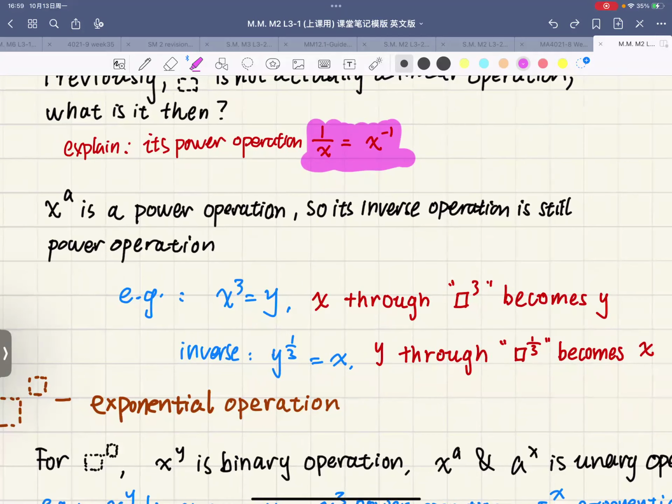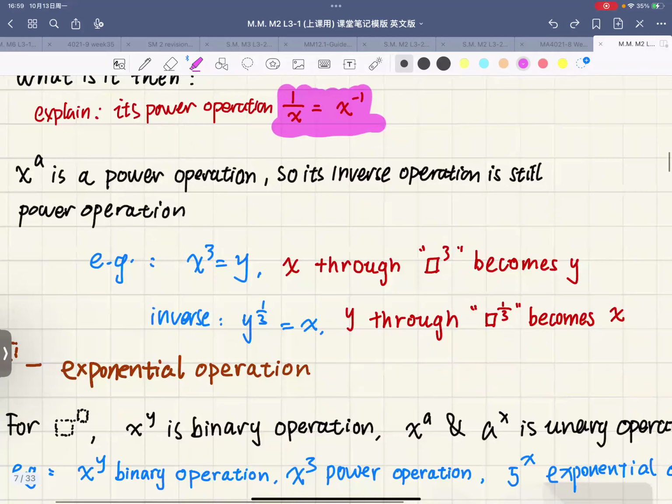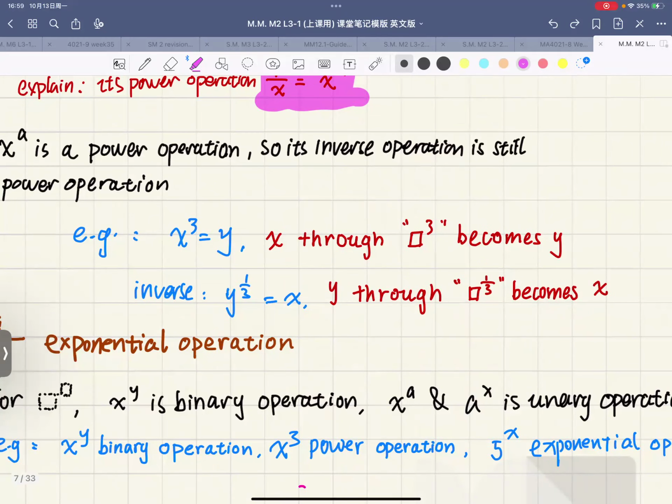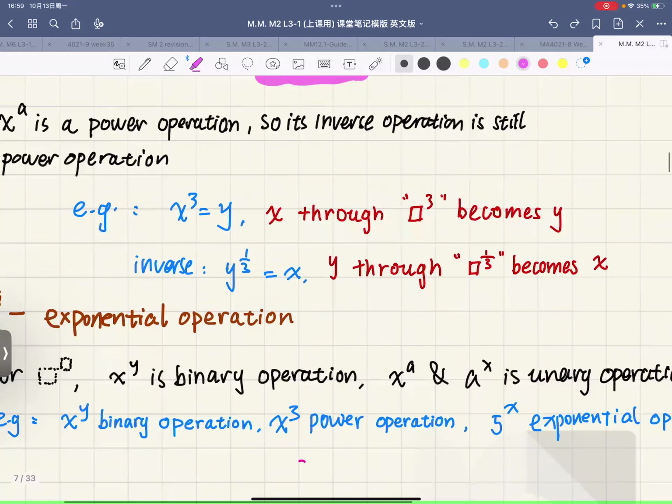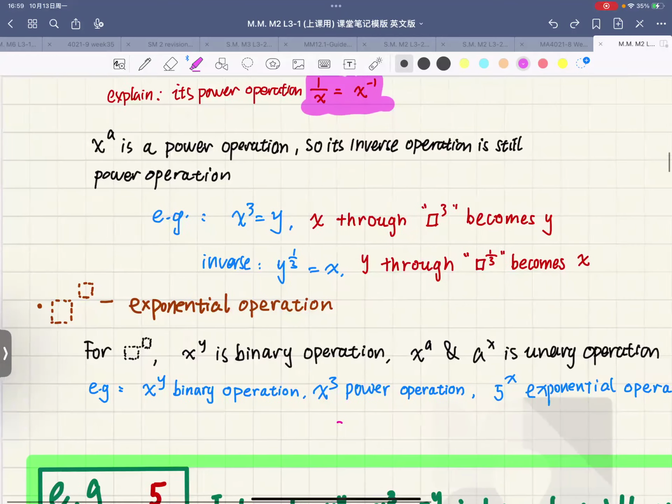So its inverse operation is still a power operation. For example, let's say x to the power of 3 is equal to y. So x goes through a power of 3 and becomes y. The inverse, y goes through a power of 1 over 3 and becomes x. So still a power operation, right?